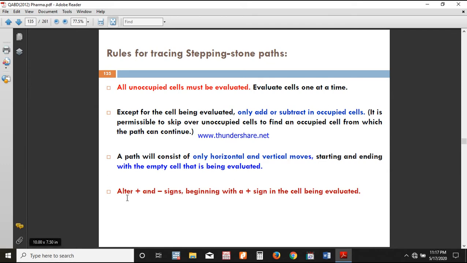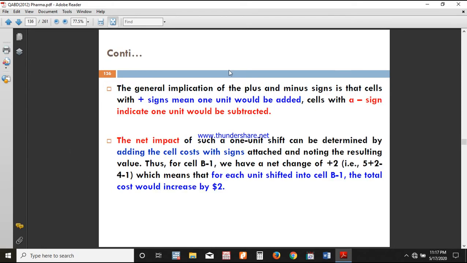You alternate the plus and minus signs, beginning with the plus sign in the cell being evaluated. A plus sign means 1 unit will be added, whereas a minus sign indicates 1 unit would be subtracted. The net impact of this shift is determined by adding the cell costs with the signs attached.